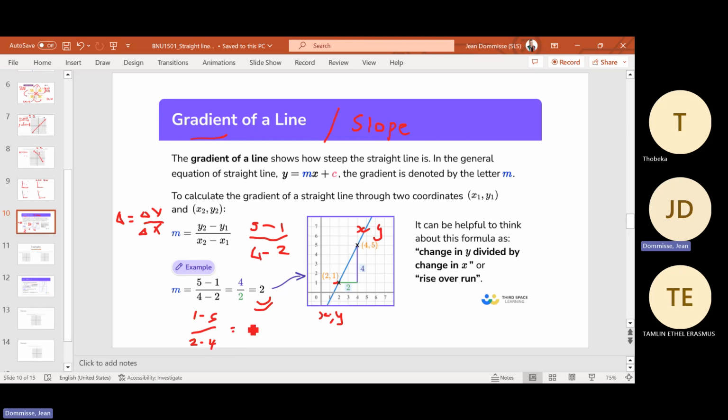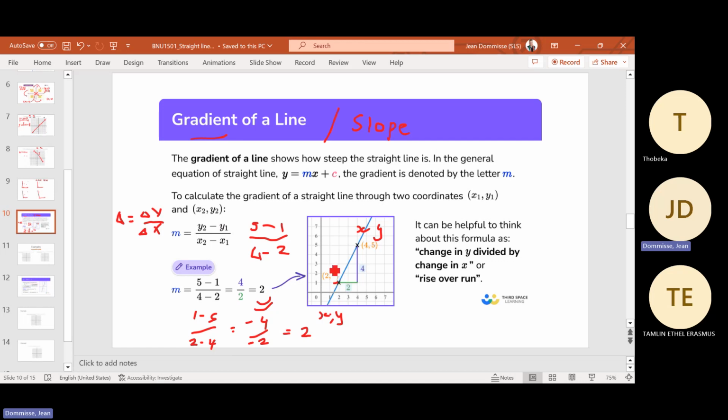Okay, then we would have gotten minus 4 over minus 2. And if we cancel out that, because minus and a minus cancels out and becomes positive, we will also get 2. So it doesn't matter which point you use first, as long as you follow the sequence of, if I take y here as my first number, I must take x here as my first number.